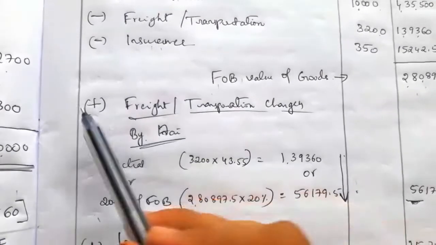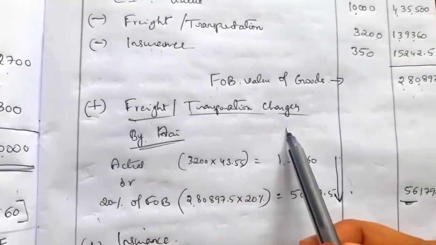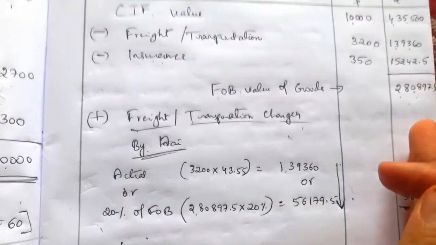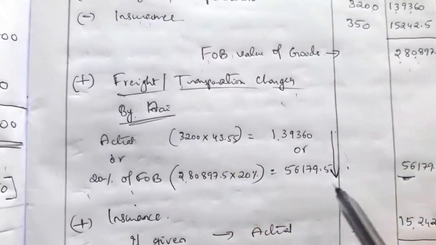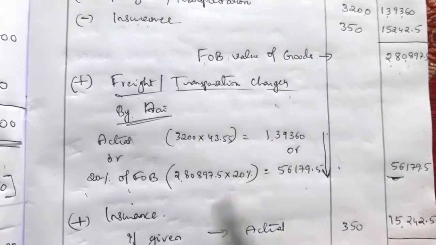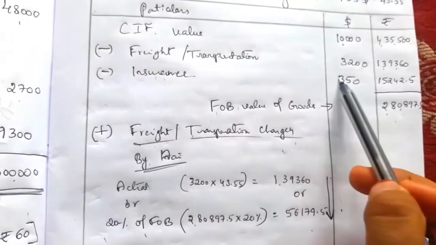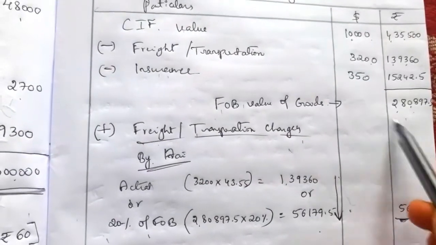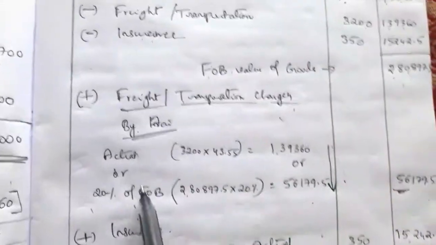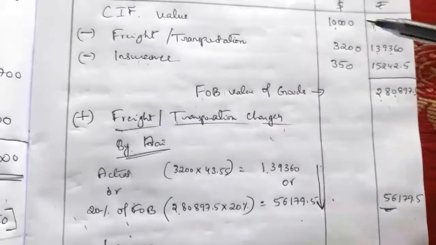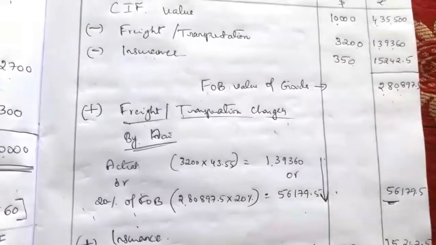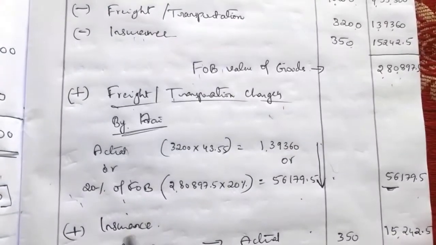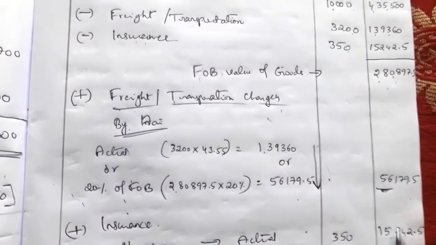So this FOB is needed for computing the 20% of FOB. After that we have to add freight and transportation charges as per the conditions for air freight. So that is actual or 20% of FOB is taken, and insurance also we have to add here. Once we cancel the insurance, because we need the actual FOB to calculate this 20%, later we have to add back the same value to the FOB.